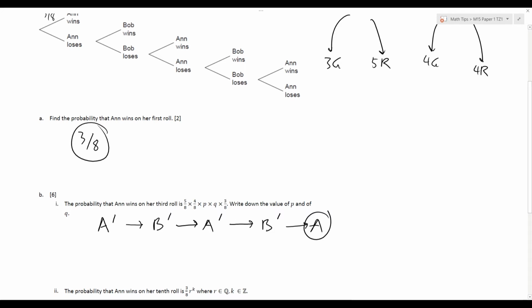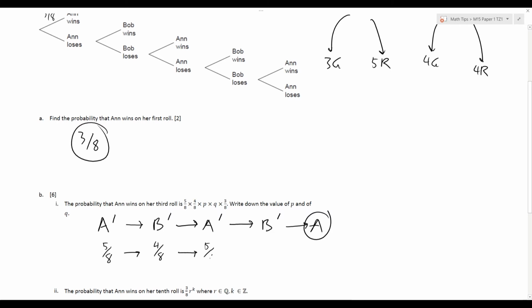So the probability of Ann not winning, 5 over 8. Bob not winning, 4 over 8. And Ann not winning again, careful, this will also be 5 over 8.